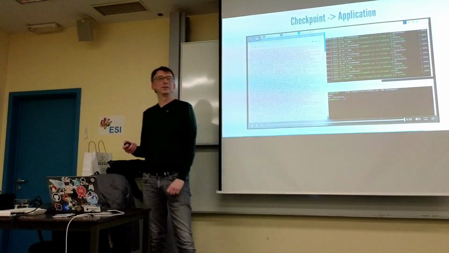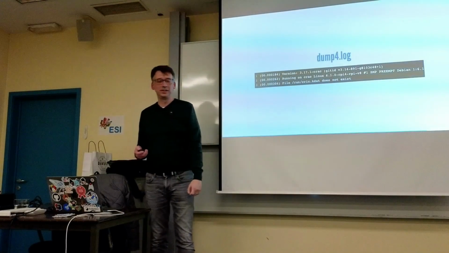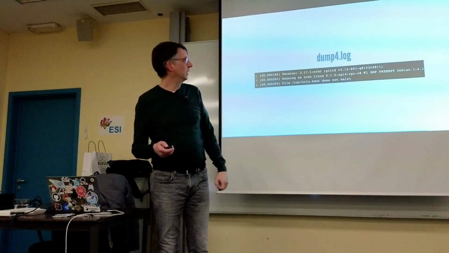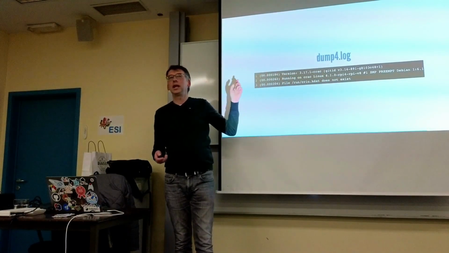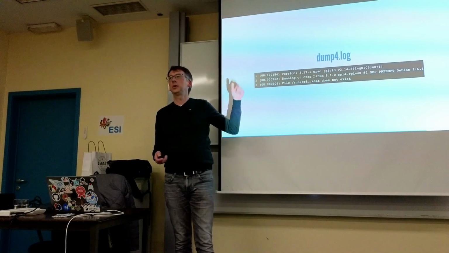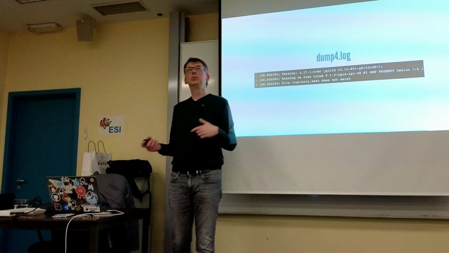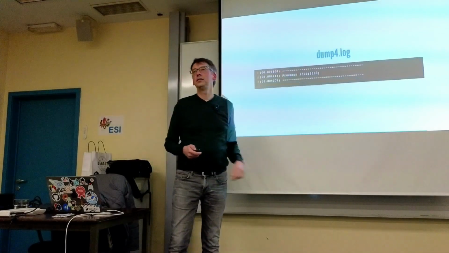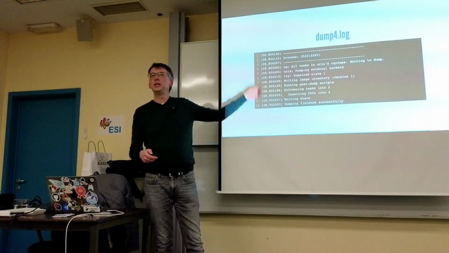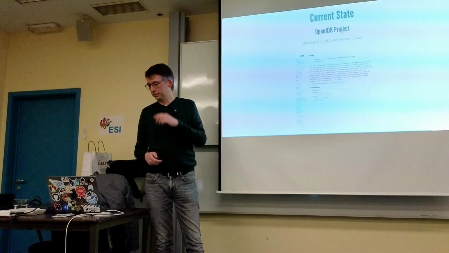So you don't need a heavy Amazon machine to run this. Dump for log, at this point the logging level is at 4, so meaning that if you create a checkpoint and something goes wrong because you have somewhere an open connection, you will find it in this file, which is one of the many files which is created in that directory.